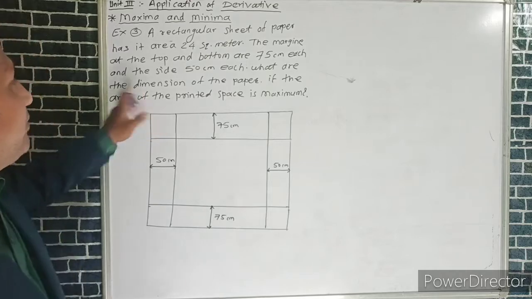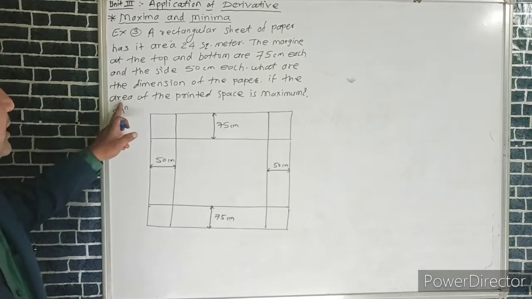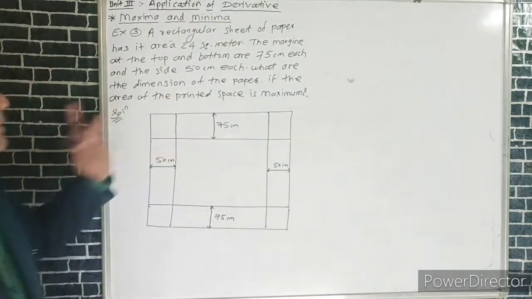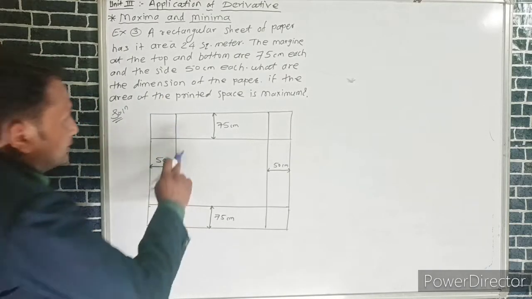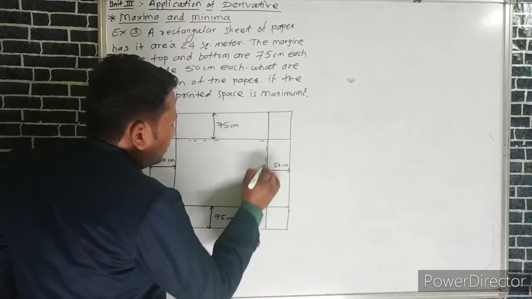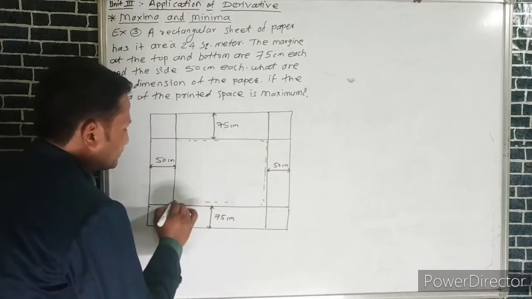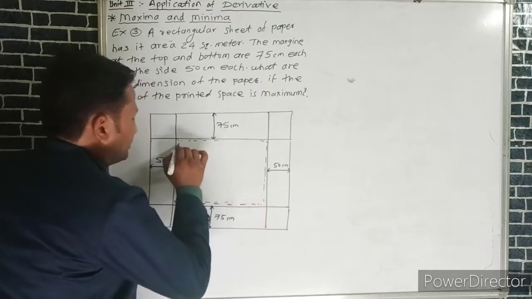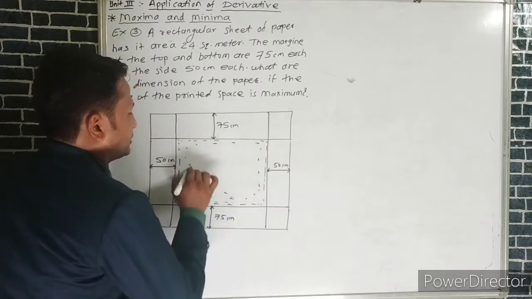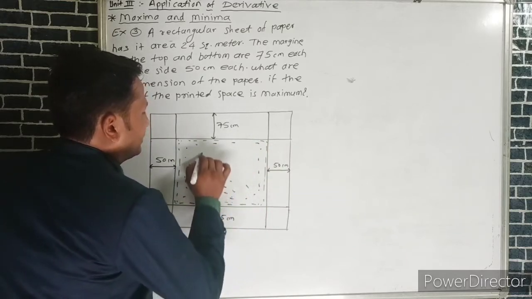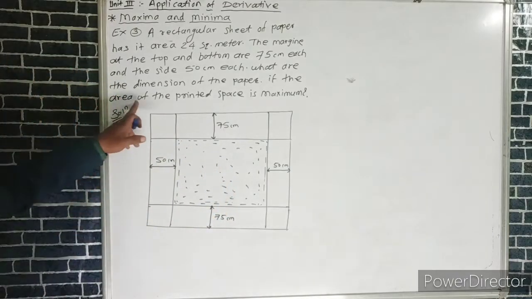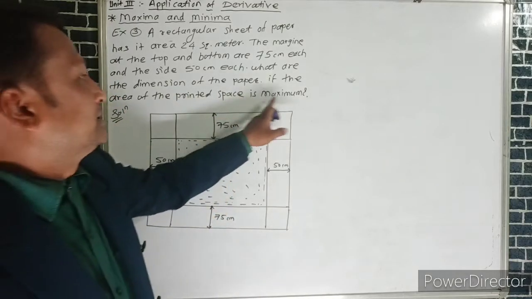We have to find the dimensions of the paper if the area of the printed space is maximum. Given that the area of the whole printed space is maximum.